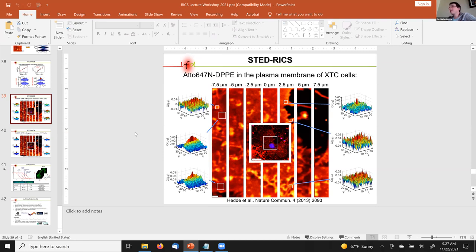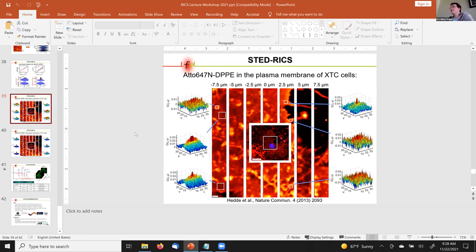So the resolution you can get is not that high compared to dyes. But what you can do, in this case we could label from the outside because it was the membrane. But if you want to label something on the inside of the cell, you can use some SNAP tag or Halo tags, for example, to get those dyes to your protein of interest.